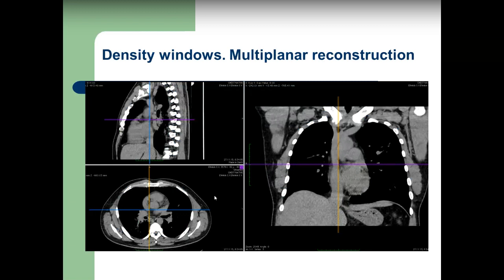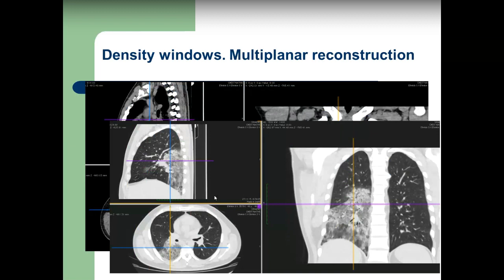with this examination, this pulmonary CT. This is a mediastinal or soft tissue electronic window, and we can differentiate fat tissue and muscles and mediastinal structures, but we can hardly differentiate lung structures because their density is much lower than the window width.